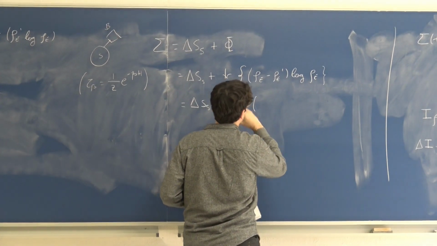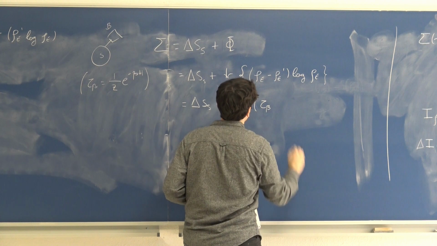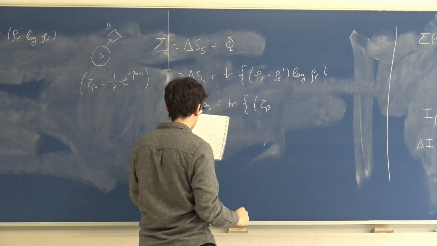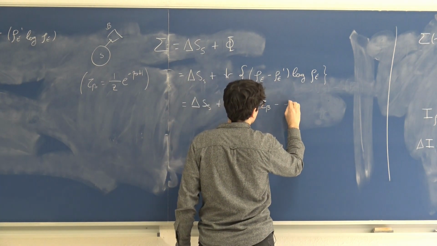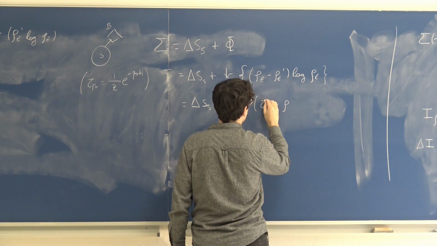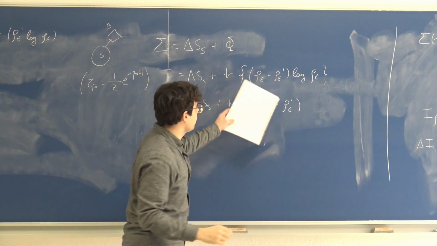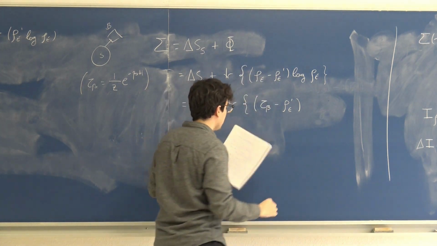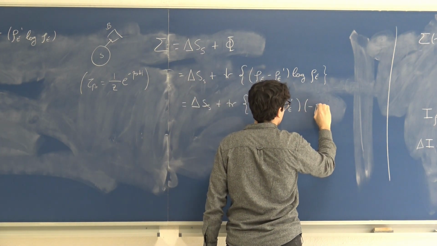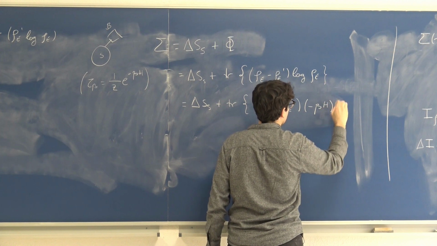So here you will have the initial state of the bath, it's a thermal state, minus the final state. We're not going to make any assumptions on the final state of the bath, and then the logarithm is minus beta h.